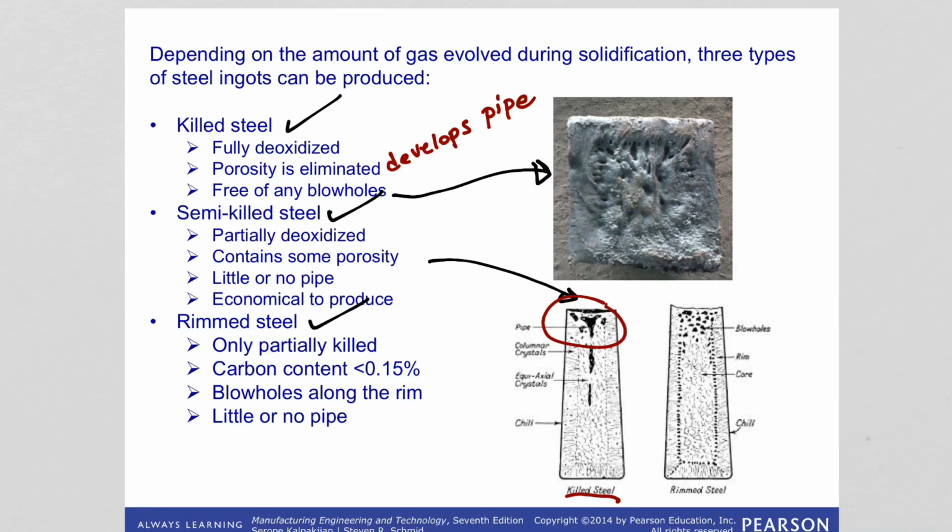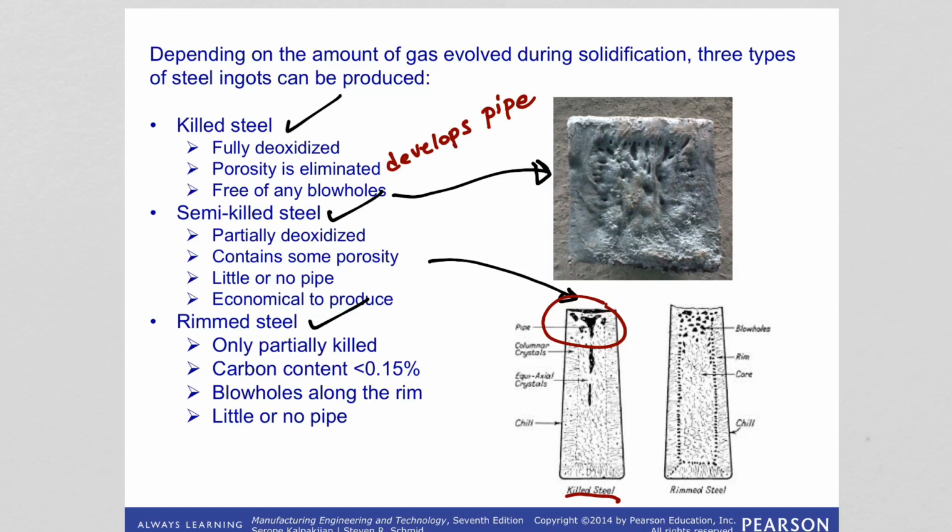What about rimmed steel? It is only partially killed by adding elements such as aluminum. Aluminum, as we talked about, reacts with the oxygen to form metal oxides, and these are removed with the slag. And the gases produce blowholes along the outer rim of the ingot.